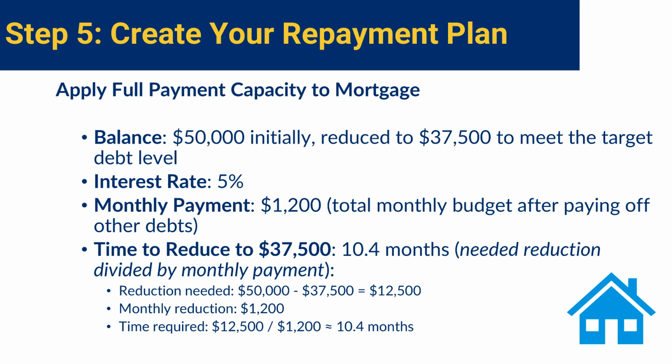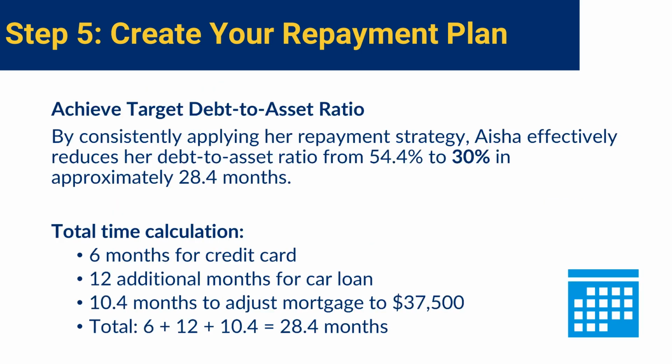Reduction needed, $50,000 minus $37,500 equals $12,500. Monthly reduction, $1,200. Time required, $12,500 divided by $1,200 equals about 10.4 months. Achieve target debt-to-asset ratio.